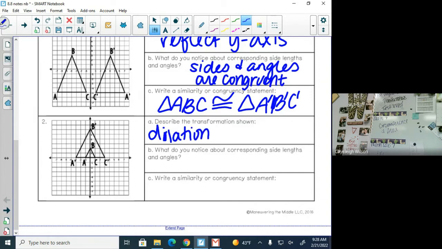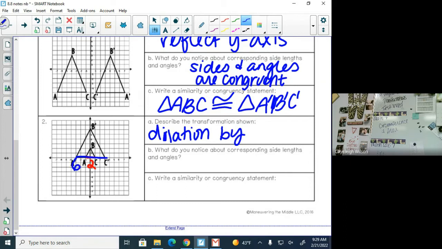So it's a dilation by what number? And we talked about last week how to find that dilation, that scale factor. So I take the ratio of the new one to the old one. And I only want to use a straight line. So when I look at the bottom here, A to C is 2. But A prime to C prime is 6.